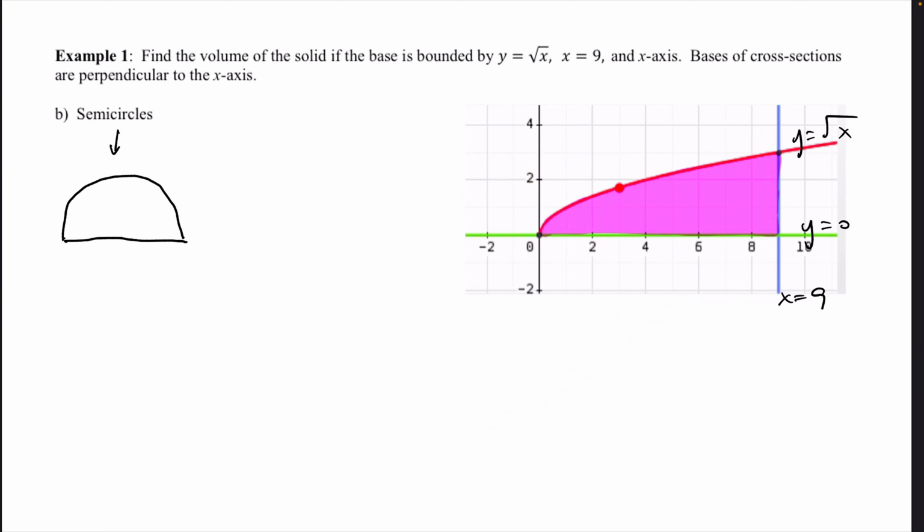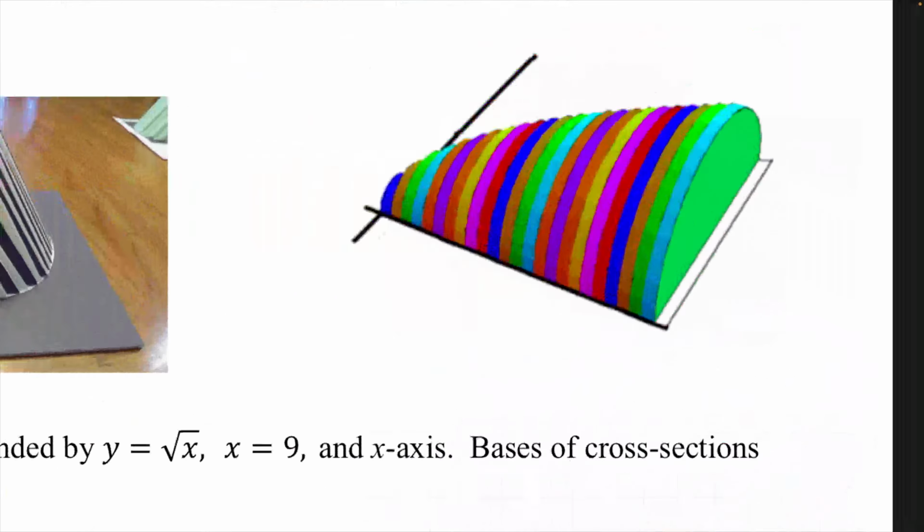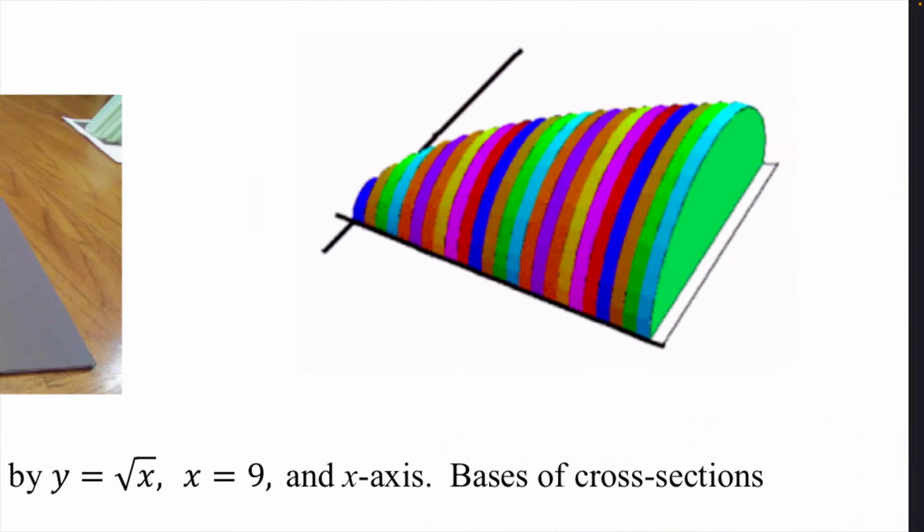So again, it's still perpendicular to the x-axis. So that means this is going from red, extending down to green. So this one's going to look exactly like the one on the front. That's what that three-dimensional shape is going to look like.